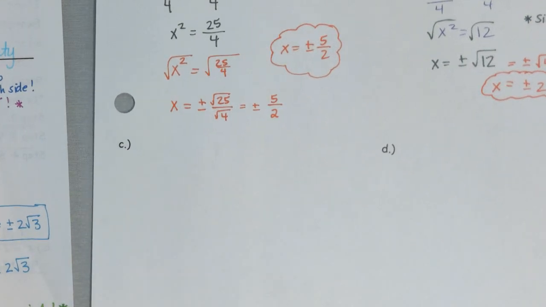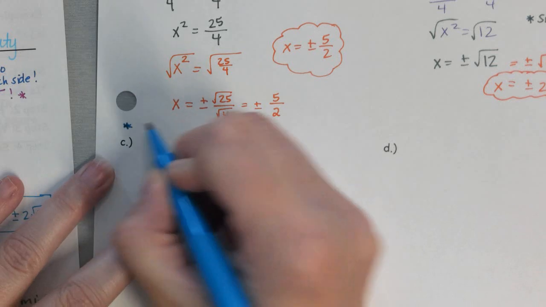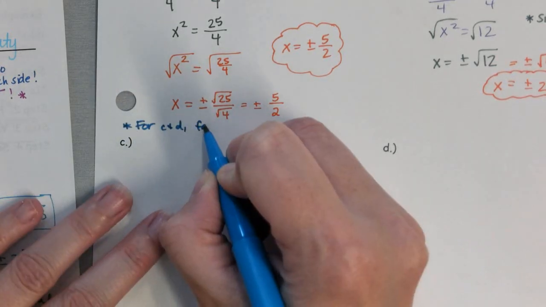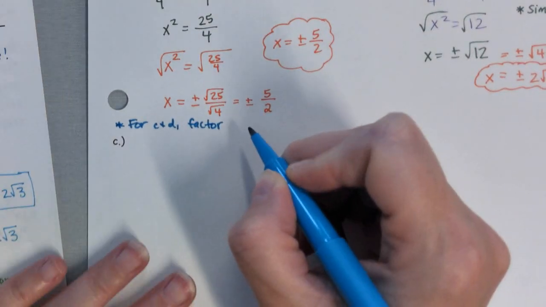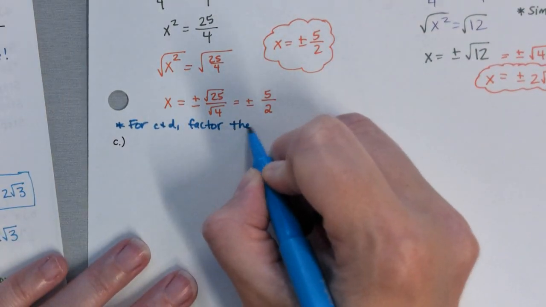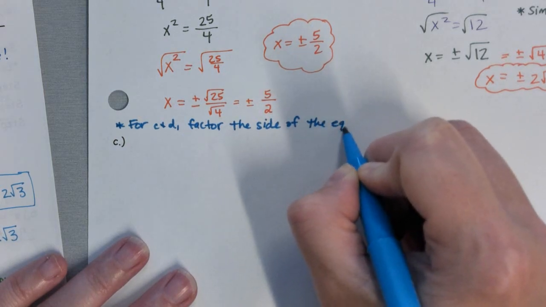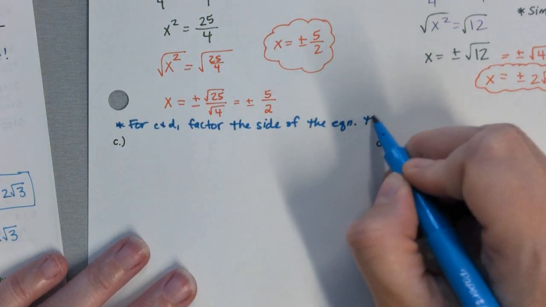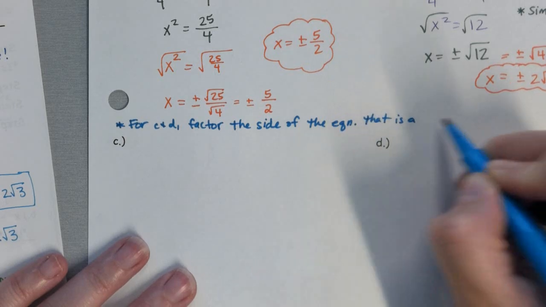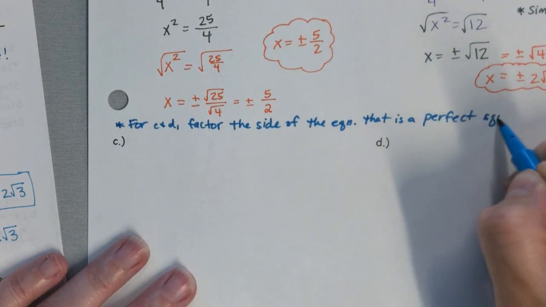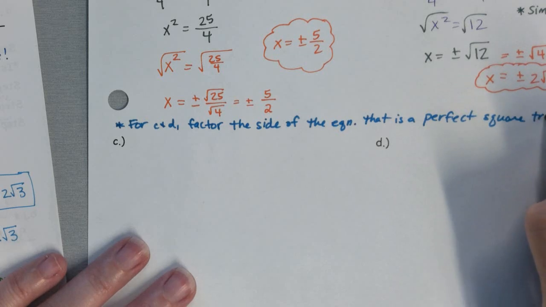For C and D, we are going to factor the side of the equation that is a perfect square trinomial.